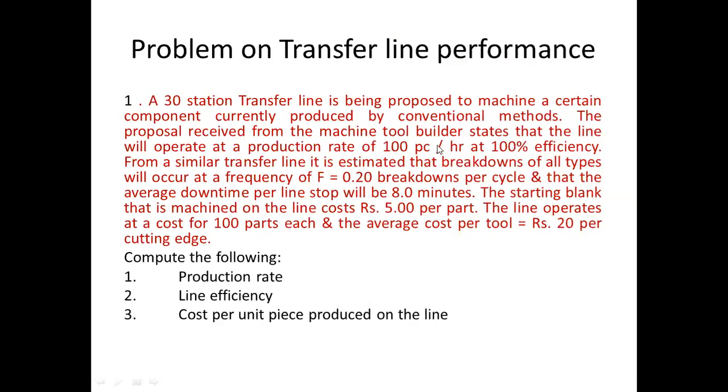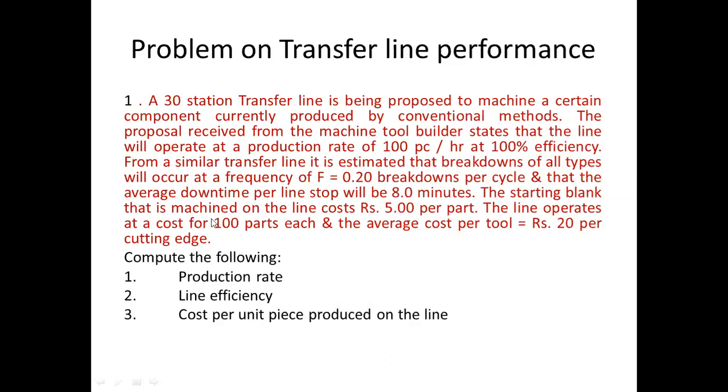So this is the average production rate at 100% efficiency. From a similar transfer line, it is estimated that breakdowns of all types will occur at a frequency of 0.2 breakdowns per cycle, and that the average downtime per line stop will be 8 minutes.